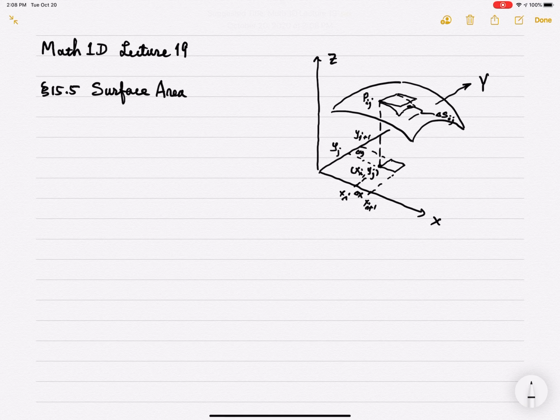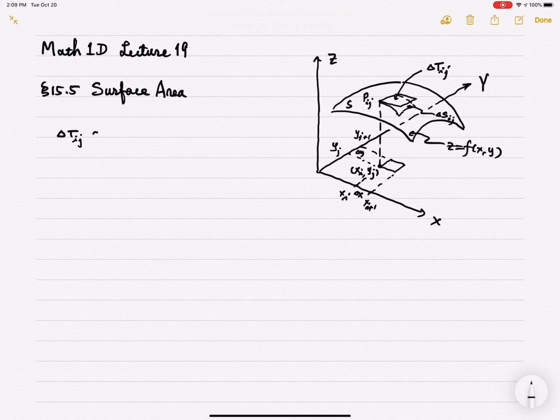Suppose this surface is S. And on the top, this horizontal tangent plane, we say delta Tij. If this is the equation z equals f(x, y), this delta Tij is the area of the tangent plane piece.